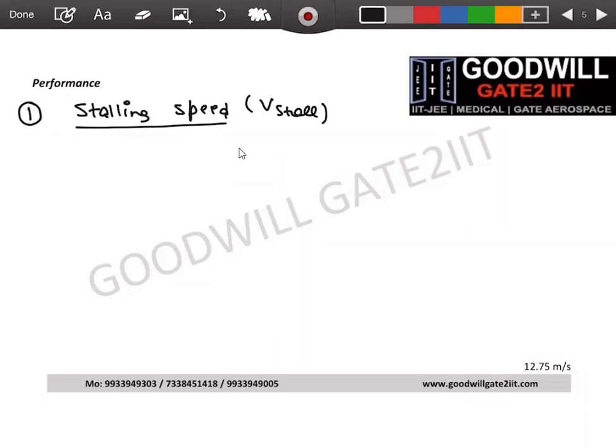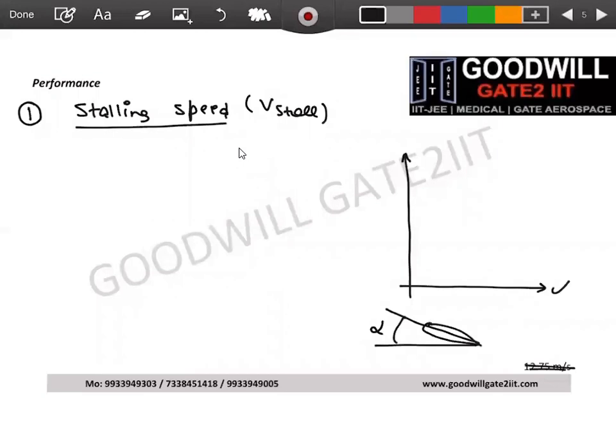Now, if you recall your aerodynamics, or if you don't know this, it's perfectly fine. If you have an airfoil operating at a certain angle of attack, at that angle of attack the airfoil will have a certain value of CL. For a symmetric airfoil, the graph looks something like this.